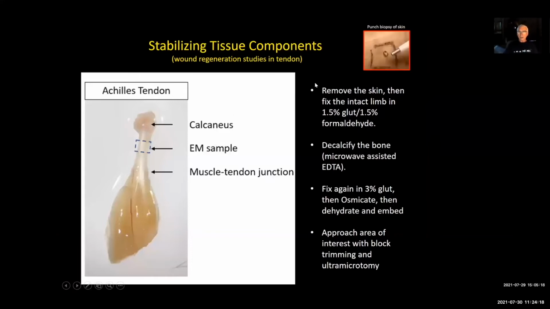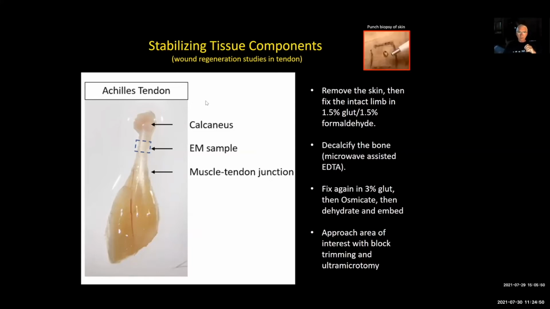Now, as we think about, say, for example, skin biopsies, we typically work with punch biopsies up here in the upper right-hand corner. When a punch biopsy is taken from skin, what you'll see is that the skin retracts a little bit from the cut edge that's created by the biopsy punch, but that the structures within the skin and their relation to other structures in the skin are tolerably preserved.